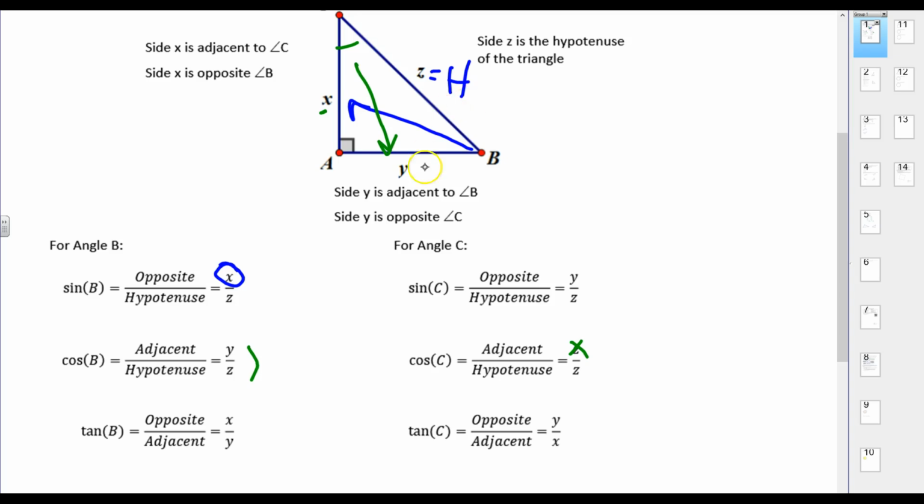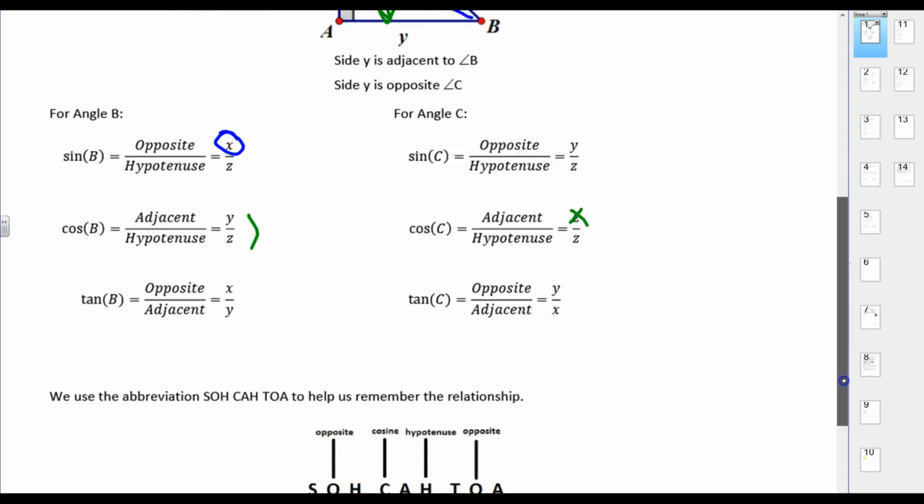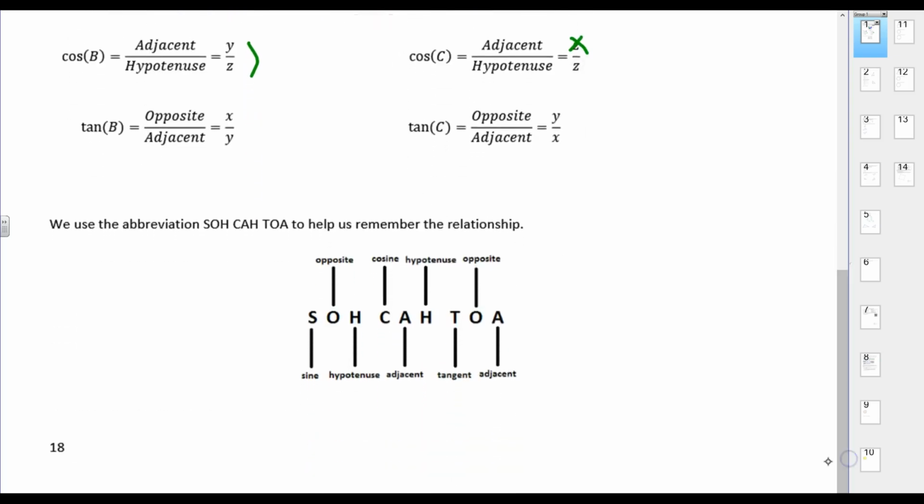So if I'm looking at angle B again, opposite side is X, adjacent side is Y, so it'd be X over Y. Similarly for tangent of C, my opposite side is Y, and my adjacent side is X, so it'd be Y over X.